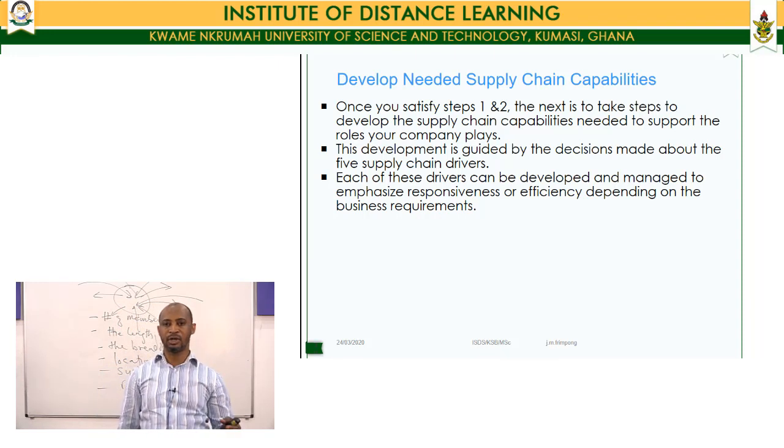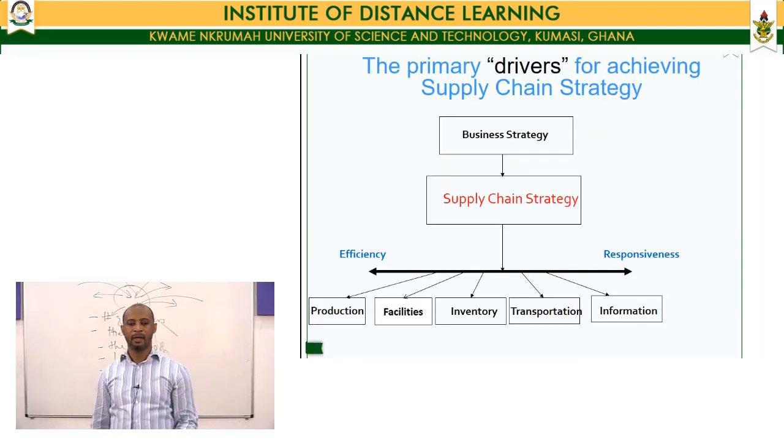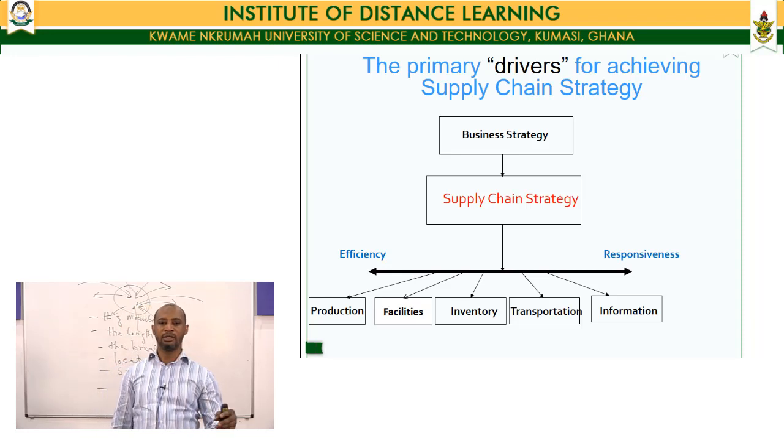At this point, you should take a minute to refresh your mind on the 5 supply chain drivers and think of how they can be used to emphasize responsiveness or efficiency. So we have production, facilities, inventory, transportation, and information. So now these drivers, how are they going to help you achieve efficiency or responsiveness?